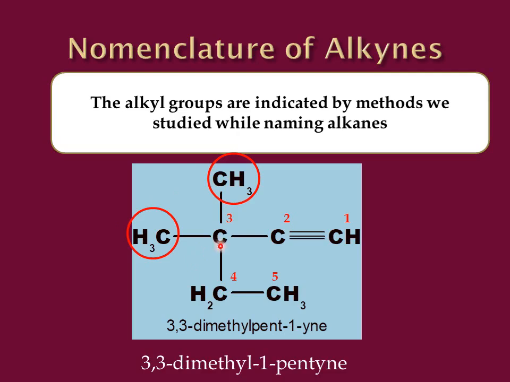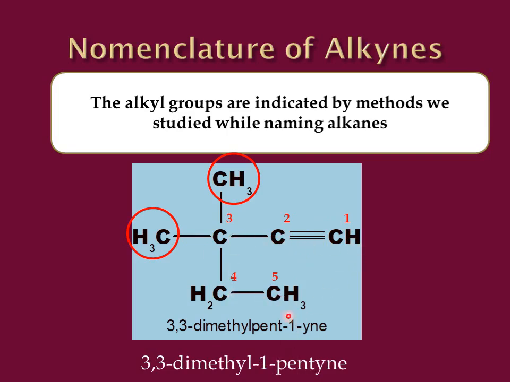Pent is the stem name for my long chain, 1 is the position of the triple bond, and the triple bond is always written as YNE. The name of this compound can also be written as 3,3-dimethyl-1-pentyne, because 1 is the position of the triple bond, pent is the hydrocarbon chain, and YNE stands for the triple bond.